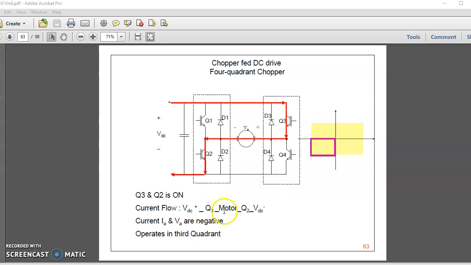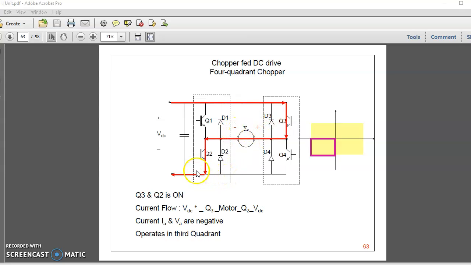Now, in the third quadrant operation, Q3 and Q2 are on. When Q3 and Q2 are conducting, the output voltage will be the same as the input voltage. Here both the current and voltage polarities are reversed: current negative and voltage negative, left negative and right positive.